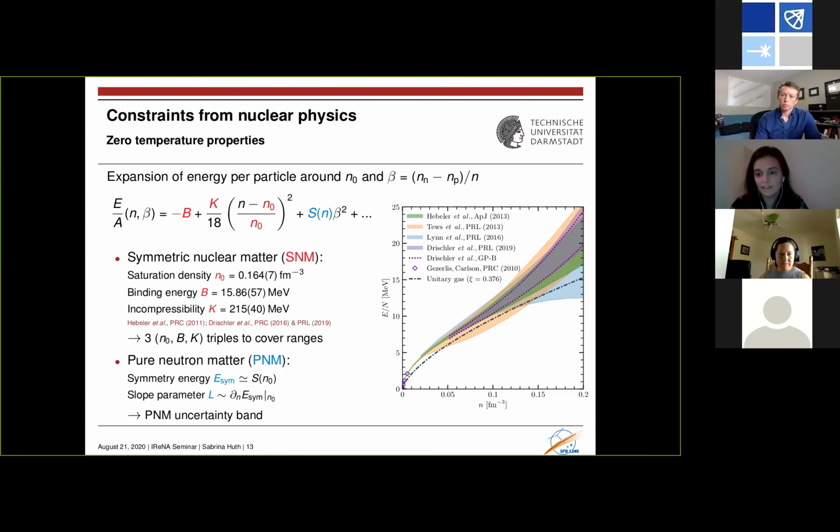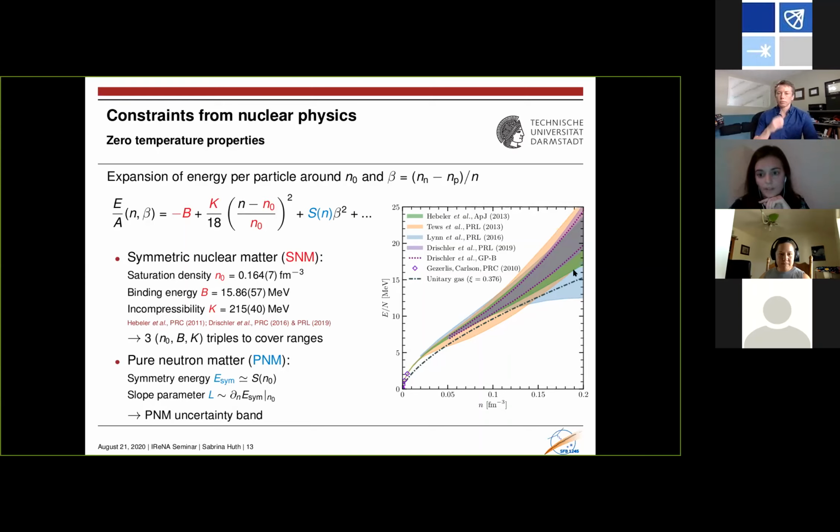But nevertheless, you see that they agree, so they all overlap, and they are actually associated with an uncertainty band. So our goal here, with fixing the symmetry energy and the slope parameter, is that we can in fact cover the whole uncertainty band from these calculations.